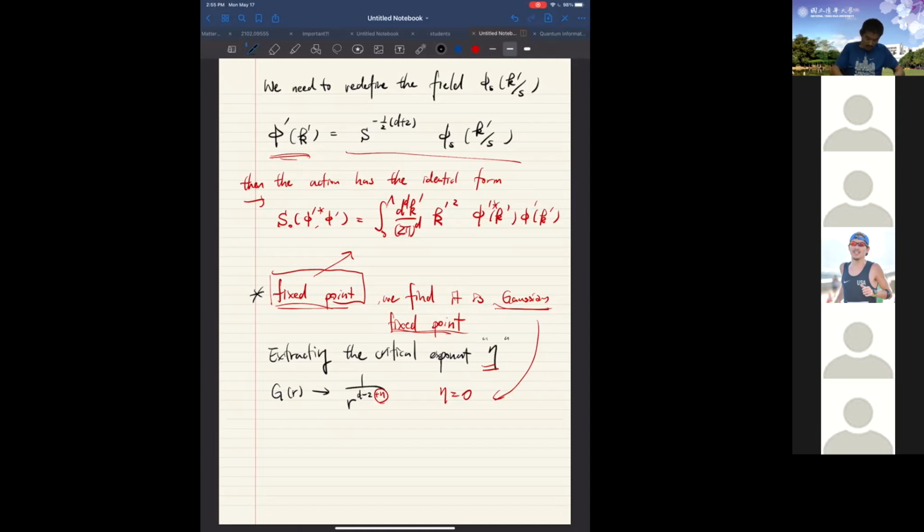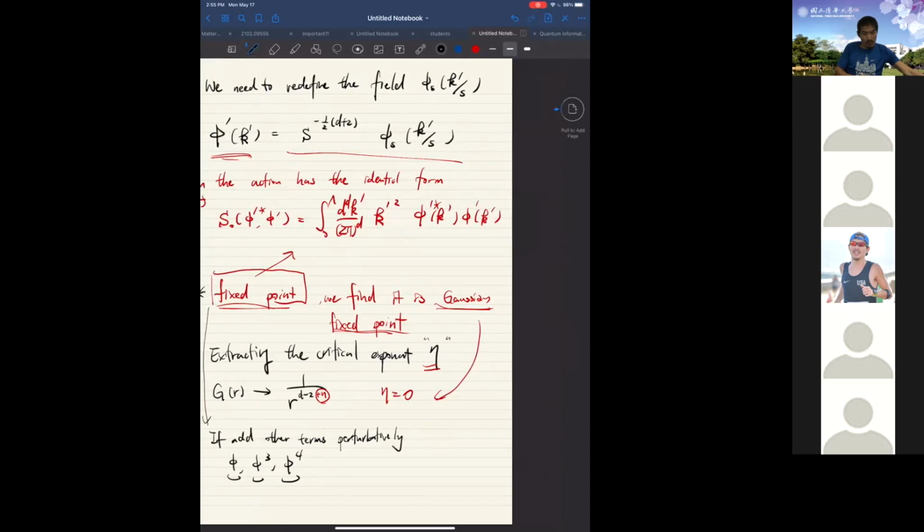Now we can ask, if we add other terms perturbatively, what will happen to this fixed point? We can add additional terms, for example this term, which we haven't added, and ask how the fixed point changes. This is the question we want to answer.